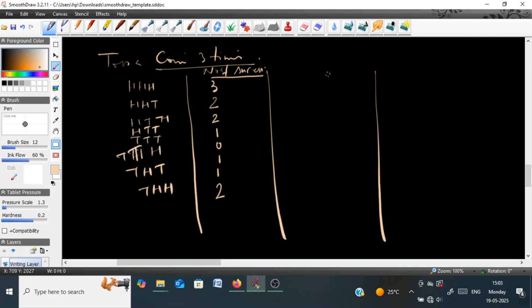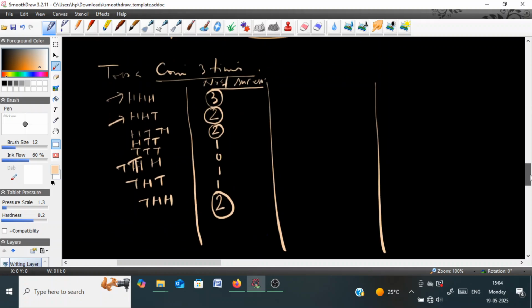So you have 3 successes in this case. In this case, you have only 2 successes. In this case, again 2. In this case, again 2.